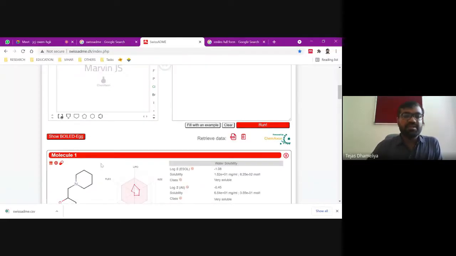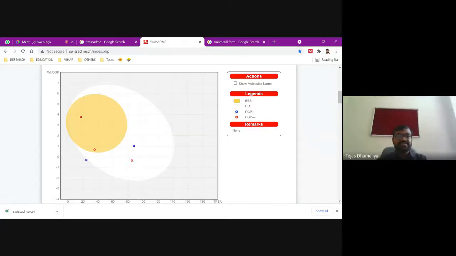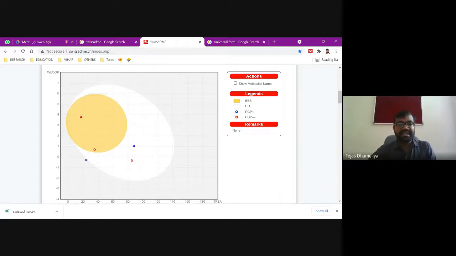You can present your data in this form. There is a beautiful module of this, that is the BOILED-Egg. You can easily calculate the boiled egg model. Why is it called boiled egg? Because if you look at this, the structure looks like an egg.